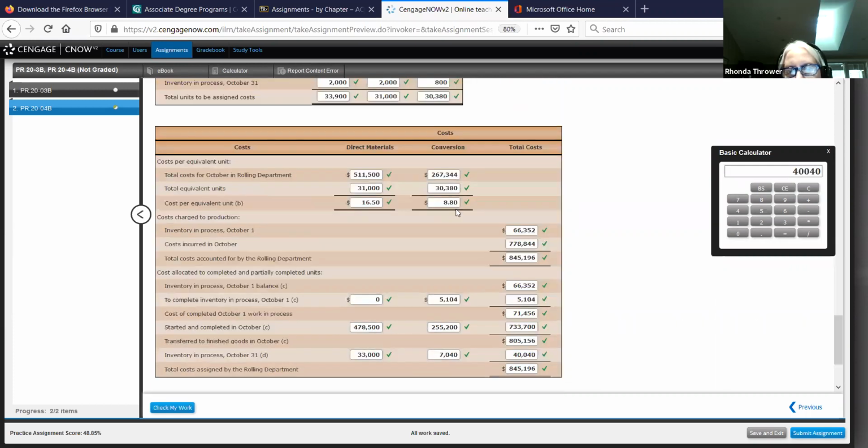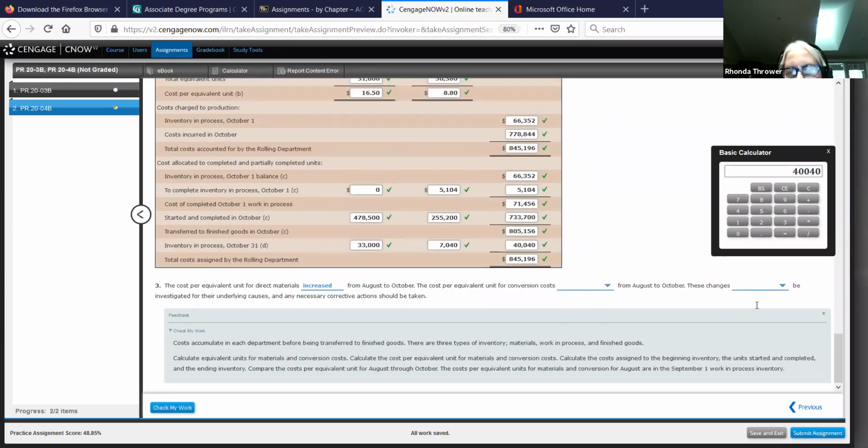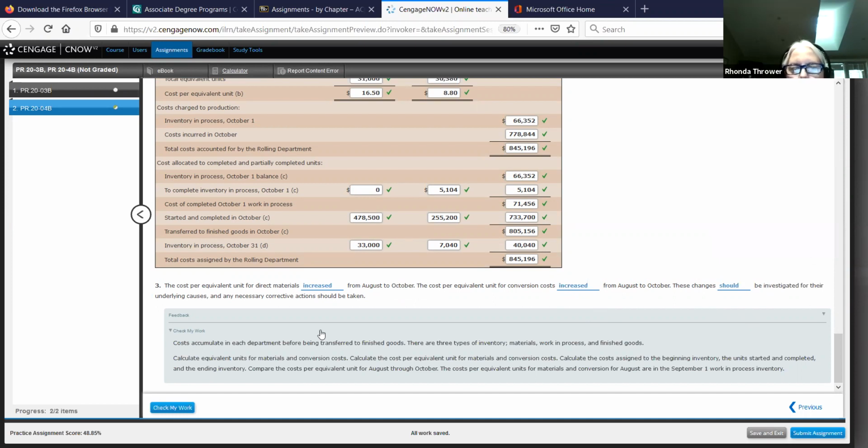And then it went up to $8.80, so it increased. These changes should be investigated for their underlying causes. That's why we do a cost of production report.